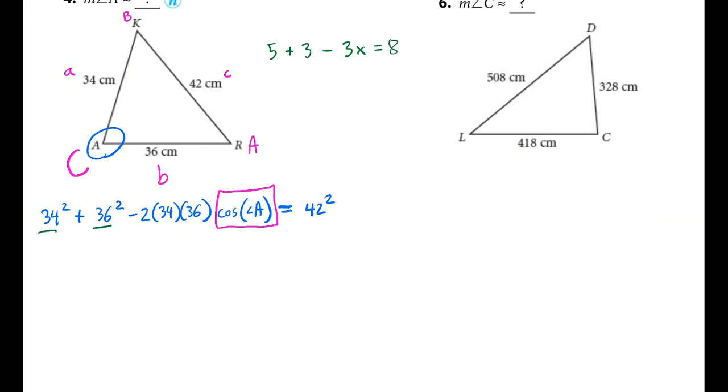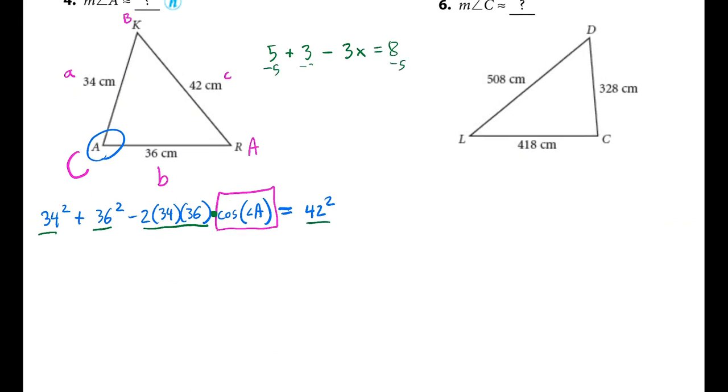We've got a number plus a number minus a number times cosine of c, and then all equals a number. So the very first thing I'm going to do is subtract this from both sides. And then once I have this negative 3x equals 0, then the last thing I'm going to do is divide by whatever number is in front of my x, right? So that's kind of the steps I'm going to follow. Now those were totally made up numbers.